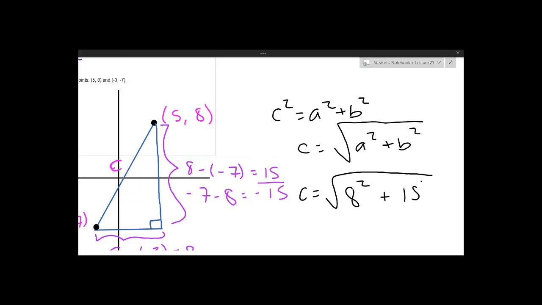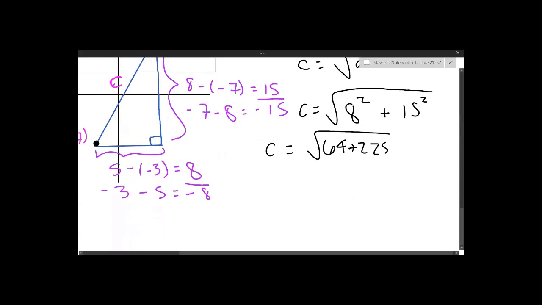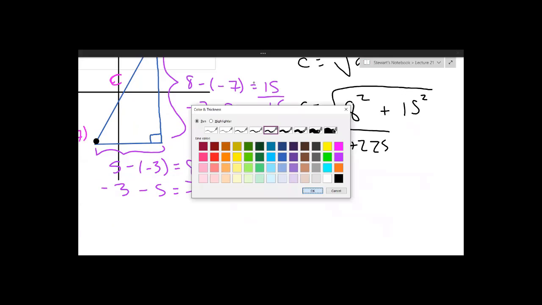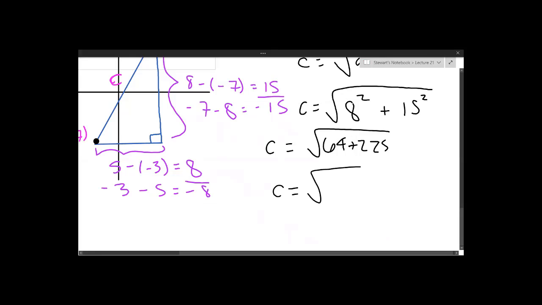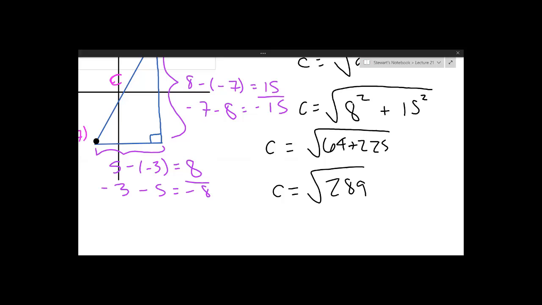plus 15 squared. So c here would equal the square root of 64 plus 225. Sorry, these addition signs are not doing it for me today. So we'd get c equals the square root of 289.